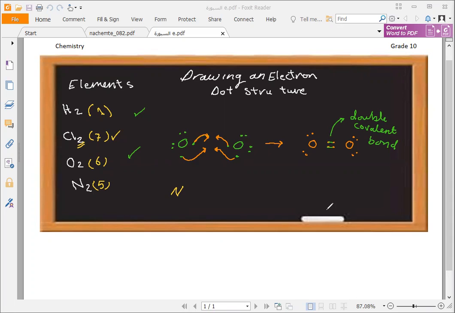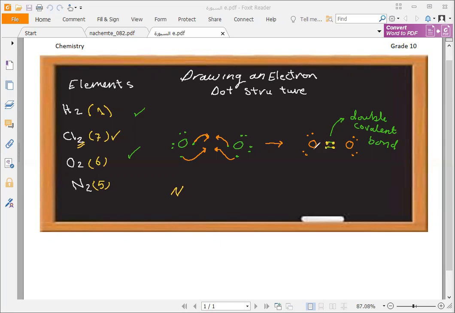Here we have 2 electrons from this atom and 2 electrons from this atom. So the number of electrons shared between the 2 atoms is 4 electrons.